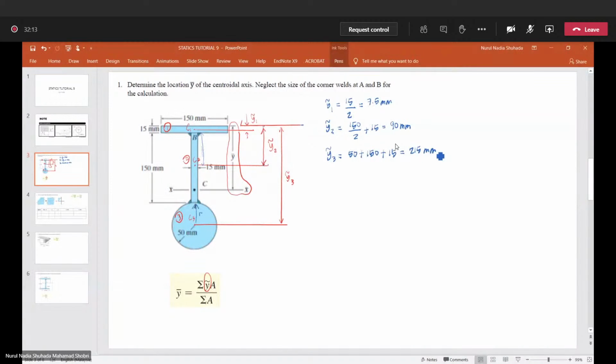Since we already know the value of each y, we can directly use this formula to find the value of centroid y.